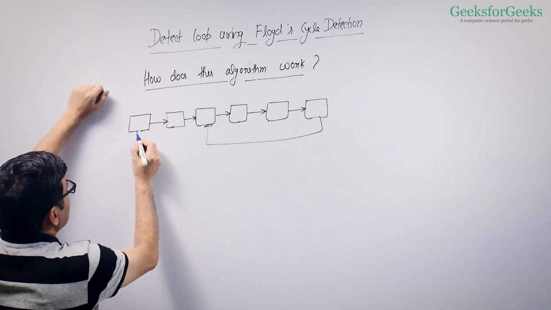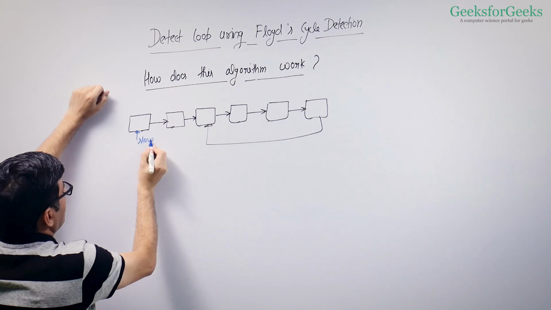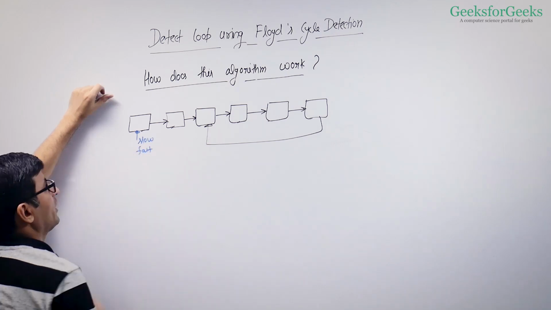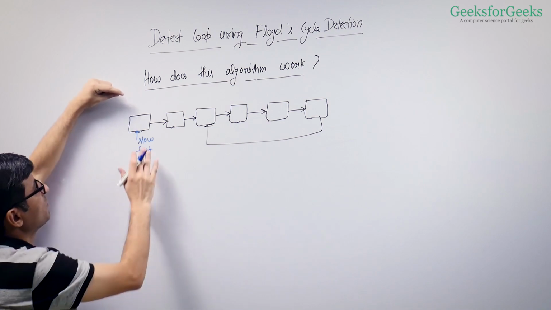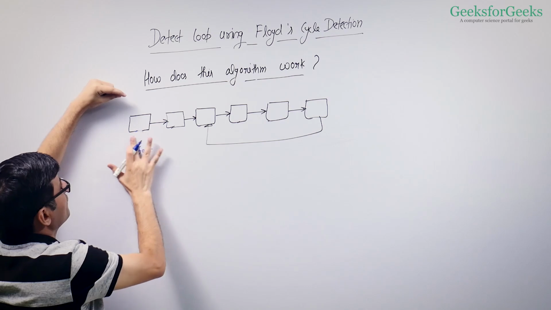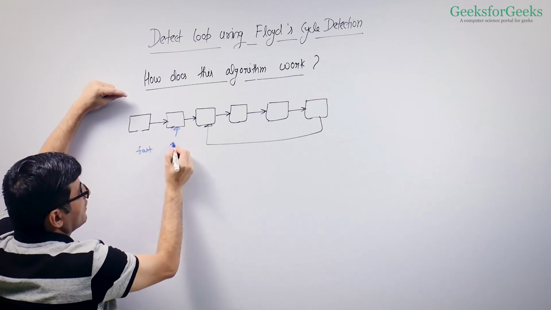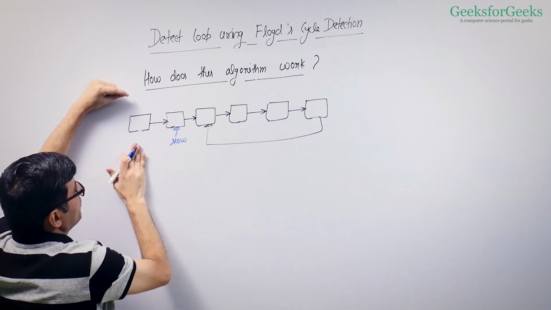Say slow is here and fast is here, right? We move slow here in the first iteration and we move fast here.